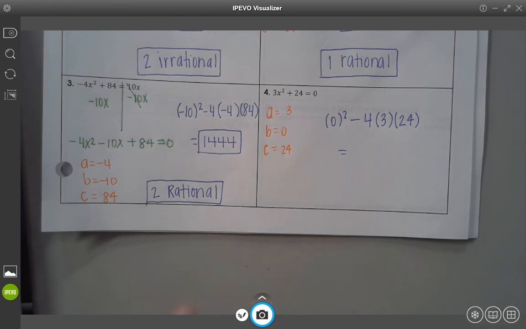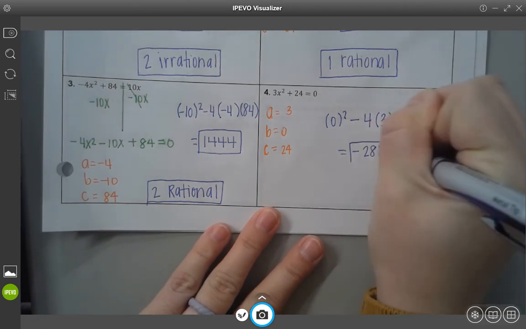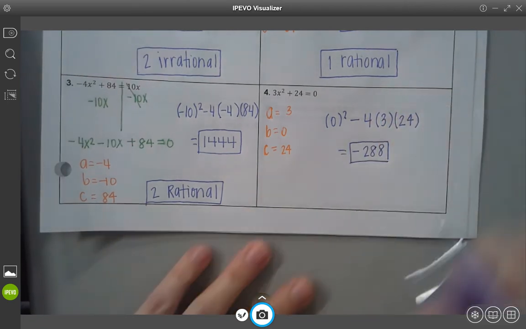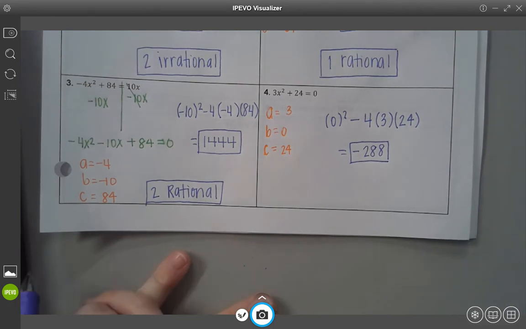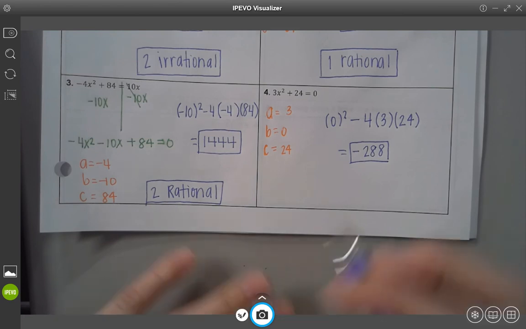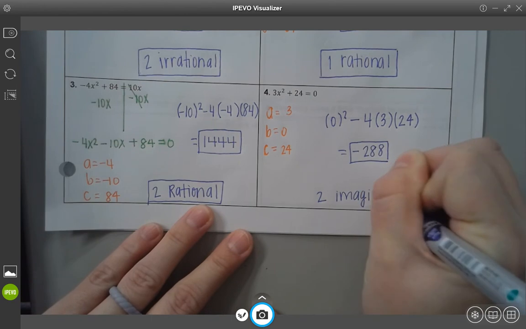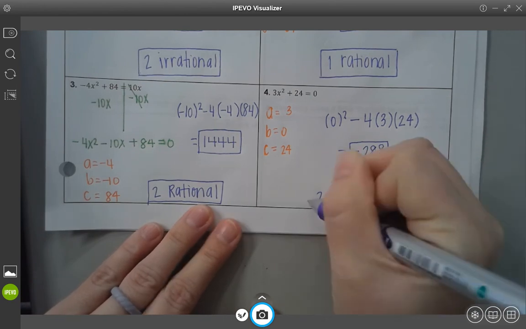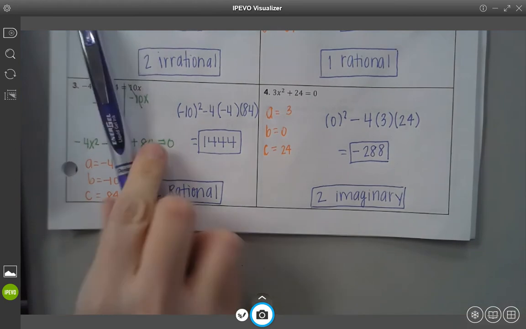Negative 288. It does not matter if 288 is a perfect square or not, because it's negative. So how many and what kind of solutions does it have? 2 imaginary. And that's it.